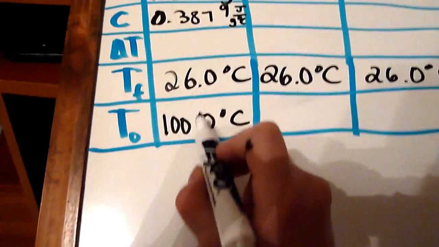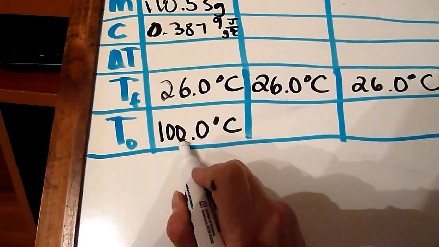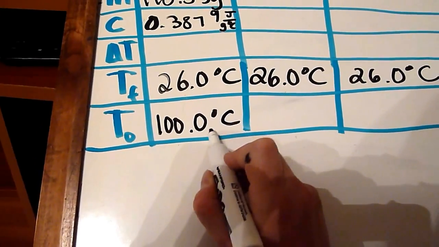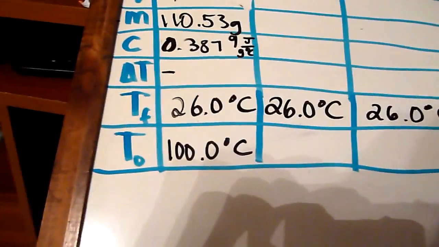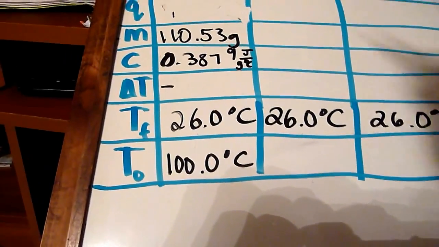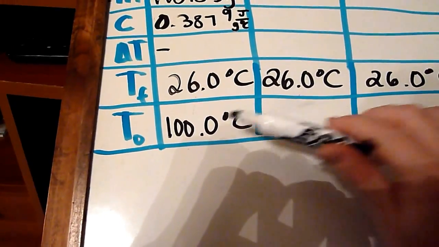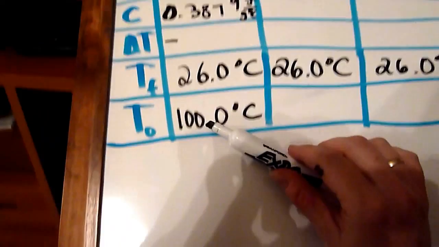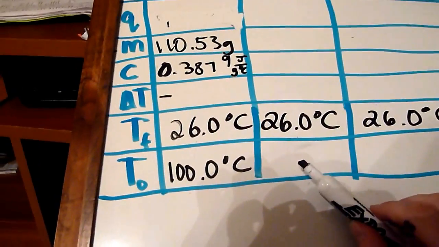So we can calculate our change in temperature by taking 26.0 degrees Celsius and subtracting 100.0 degrees Celsius. That'll give us a negative value for change in temperature. Obviously our metal is very hot at the beginning. It goes into the water, and heat moves from the hot metal to the area of lower temperature, in this case the water.